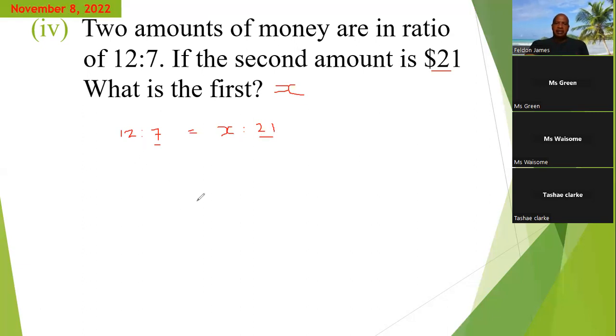Now here what we do, we know the second length. So we take the second share that we know, divide it by the second share in the ratio, and times it by the first share.